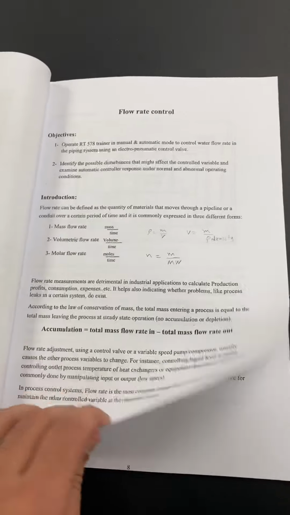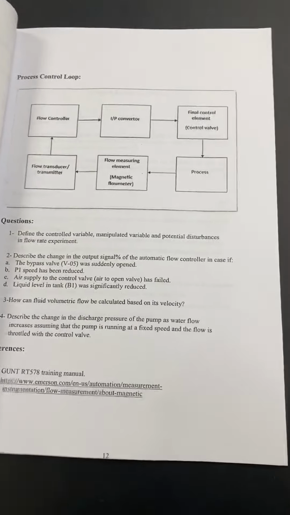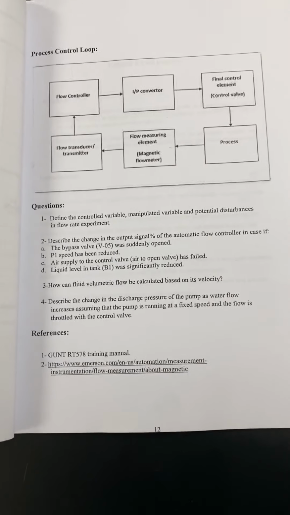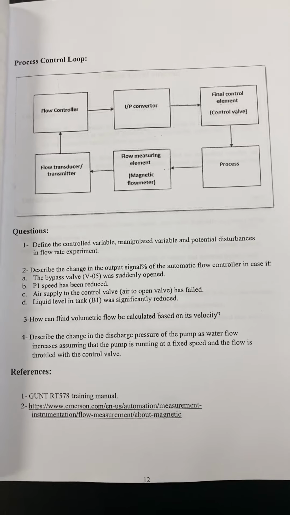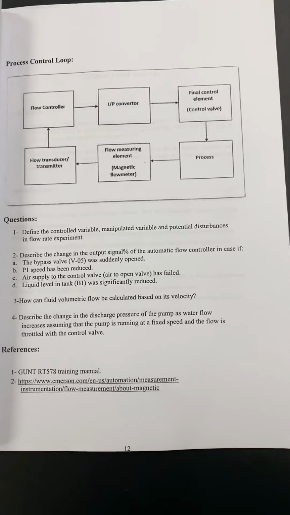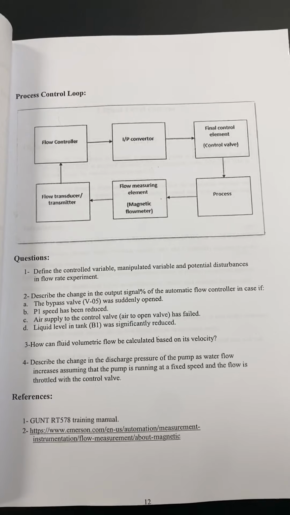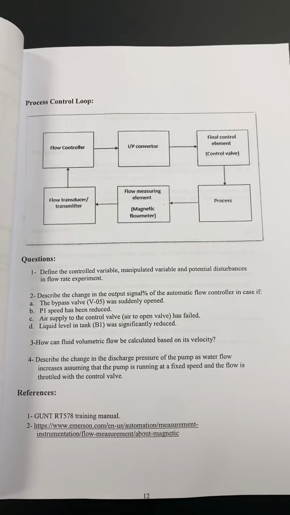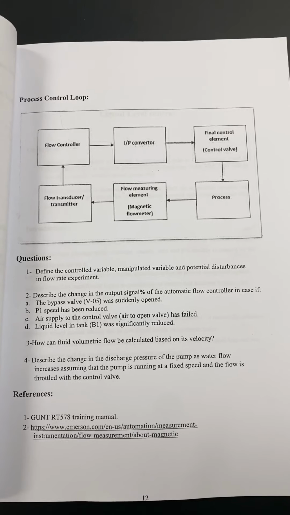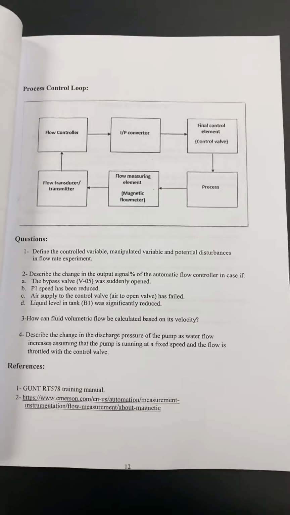Yeah, because it's actually a part of the exams that you might be asked a question like what we have here in question 2, which says: describe the change in the output signal percentage of the automatic flow controller in case, and we assume a particular case scenario.